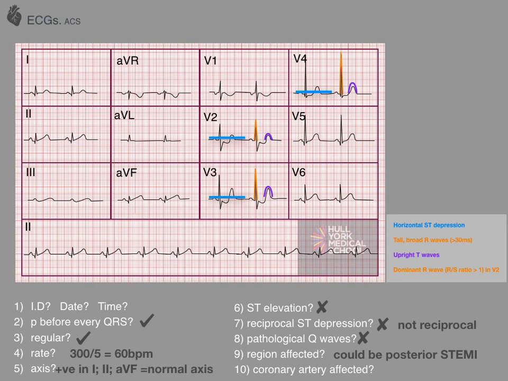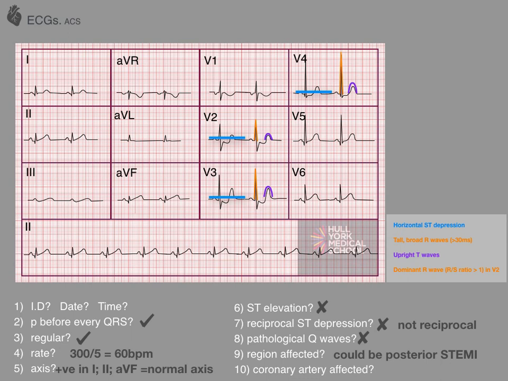And there are 5 big boxes between each R wave. 300 divided by 5 gives us a rate of 60 beats per minute. We then move on to looking at the axis. We are predominantly positive in leads 1, AVF and lead 2, so this is a normal axis ECG.